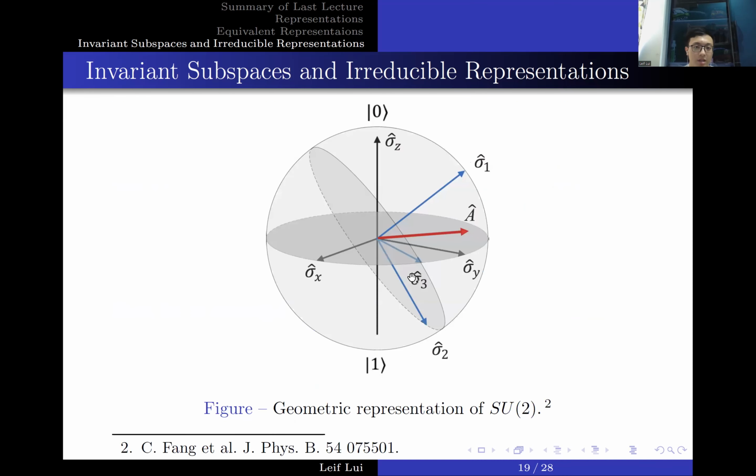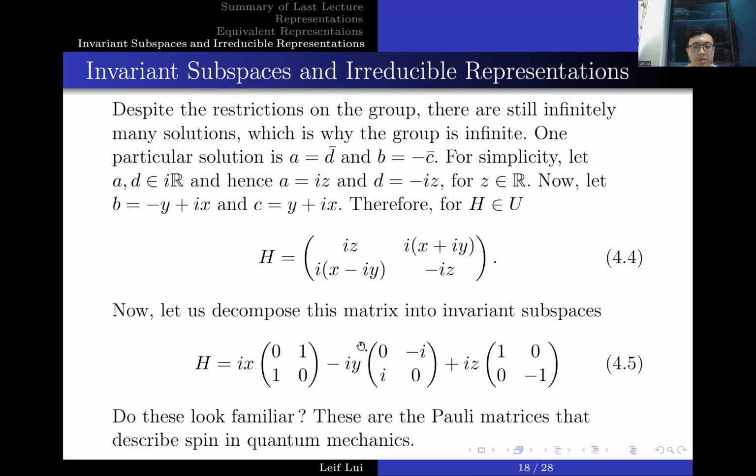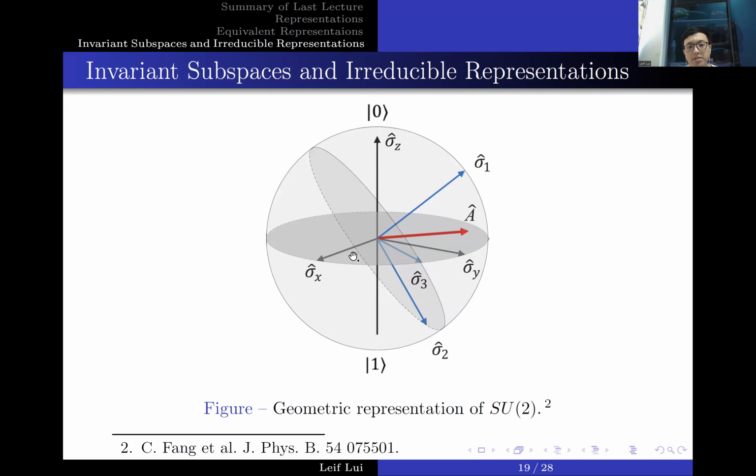I remember talking about the Bloch sphere in my classical and quantum optics lecture, and because these are irreducible representations, you can define them as the set of basis vectors, and then by transforming them, by rotating them, you can get another vector, where this a hat is the sum of the representations sigma sub 1, sigma sub 2, and sigma sub 3.